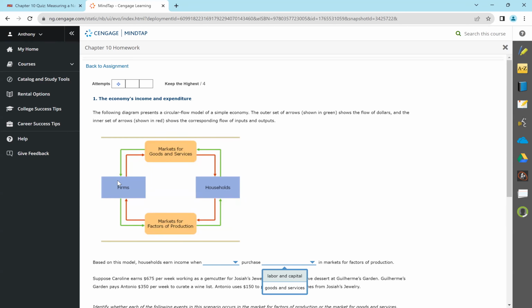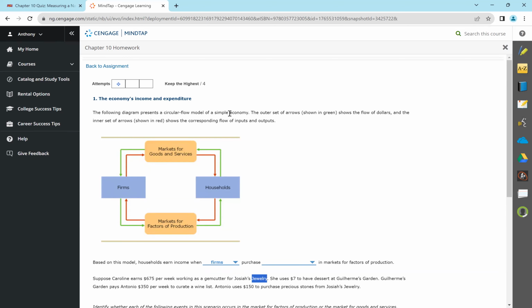When firms purchase goods and services, I mean, how are you supposed to know which one to start at? Because you could start at markets for goods and services too, right? Well, the red is inputs and outputs, but households earn income when, I don't know, households earn income when they go to work.